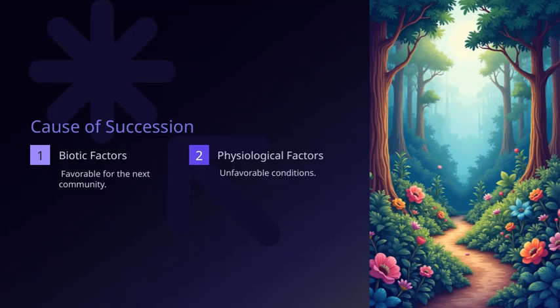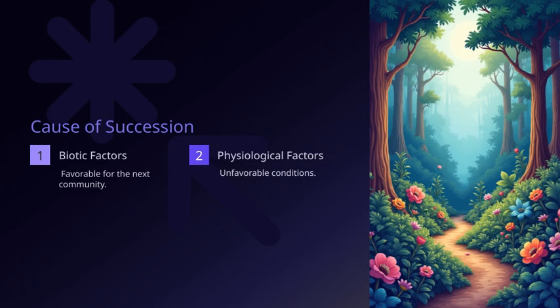Let's talk about unfavorable conditions and what they mean for ecological succession. Unfavorable conditions are environments that hinder the growth or survival of certain species, making it difficult for a community to thrive. These conditions can be caused by various factors, including physiological challenges faced by organisms. For example, extreme temperatures, lack of water, or poor soil quality can all create physiological stress that prevents certain species from establishing themselves.